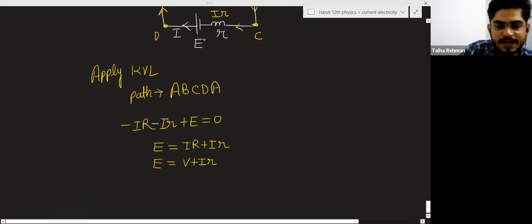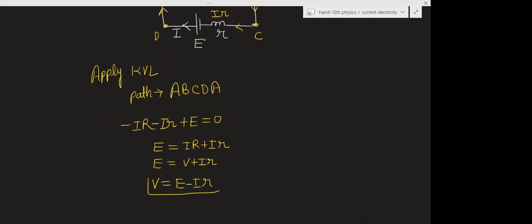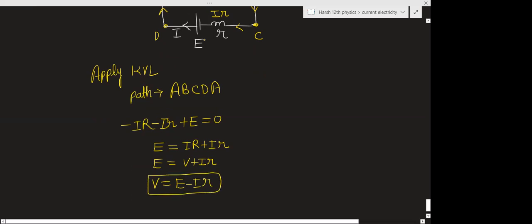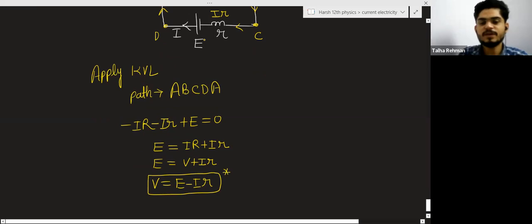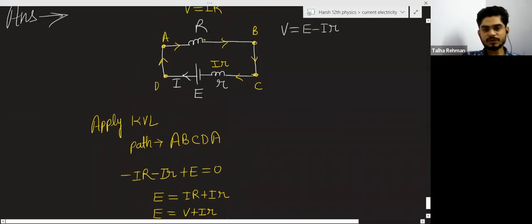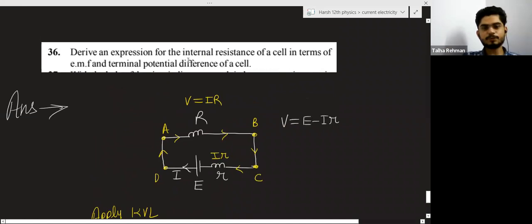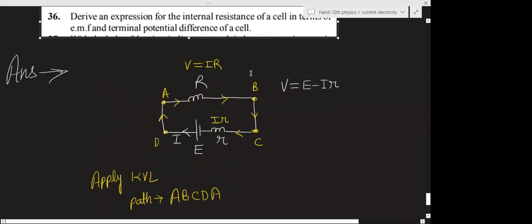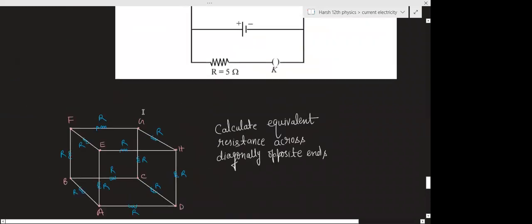Now you can write V is equal to E minus Ir. This is the condition of discharging of the cell. So this is the way to prove that, by applying Kirchhoff's voltage law.